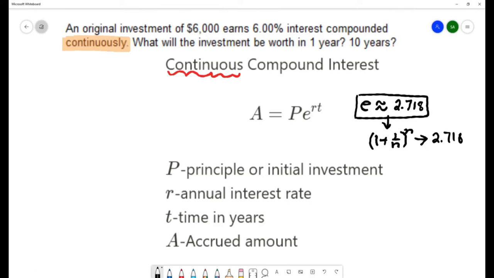So what actually happened here is that the periodic formula was A equals P times 1 plus R over n to the nt, and you can kind of see this formula contains the expression involved in E. n was the number of compoundings.